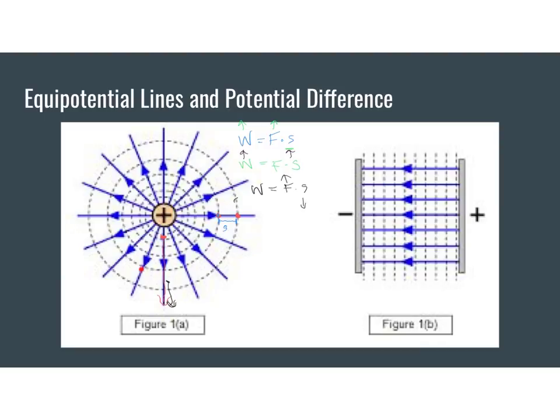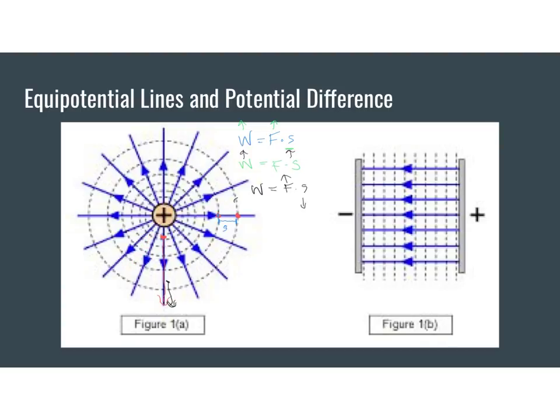And what we realize is as we get further away, the force will decrease as the inverse square law. And this is really interesting. So if we have less force, we have to travel extra distance here than here to have the same potential difference. Okay, so these lines have the same potential difference between them.